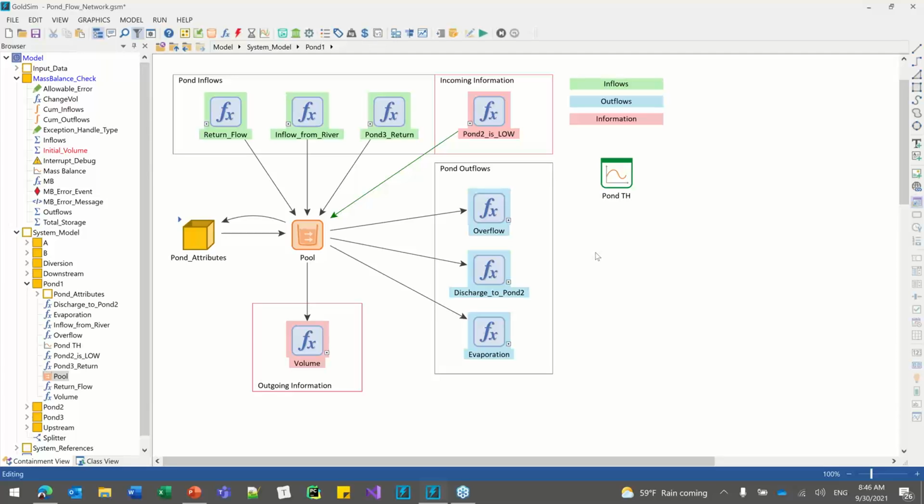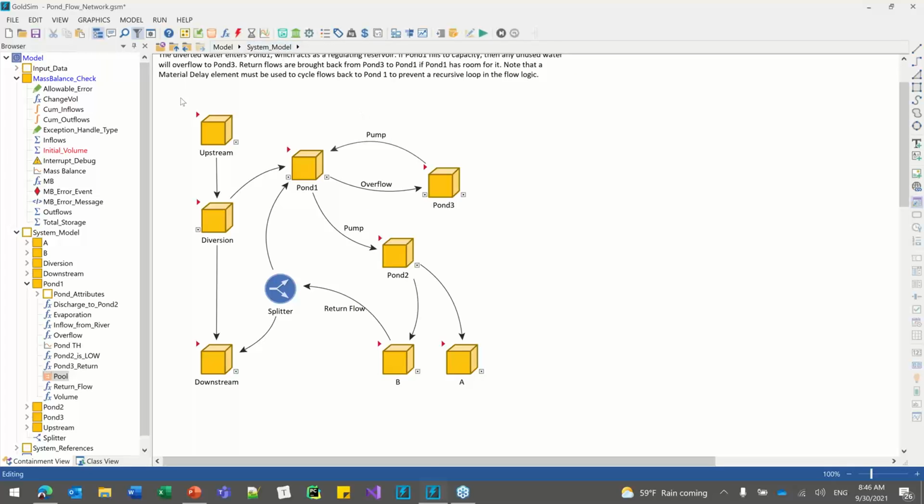They represent information exchange. If you include the information exchange in this system, it very quickly in a real model will clutter this view. Let me give you an example.